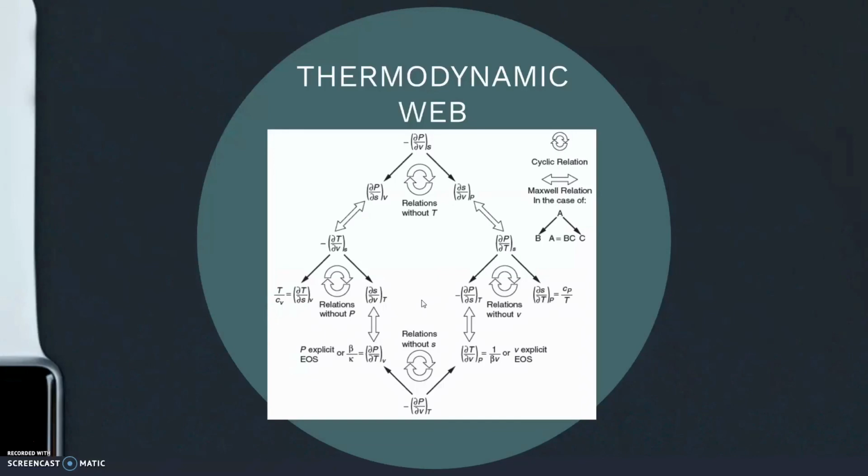As you can see at the bottom of the web, it is dP over dV at constant T. The cyclic relation without S continues from where we ended just now, as you can see on the thermodynamic web.